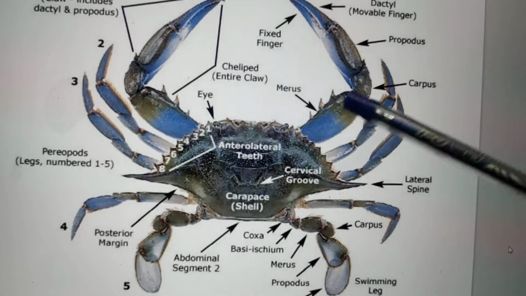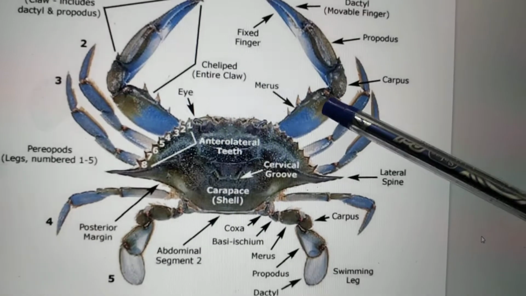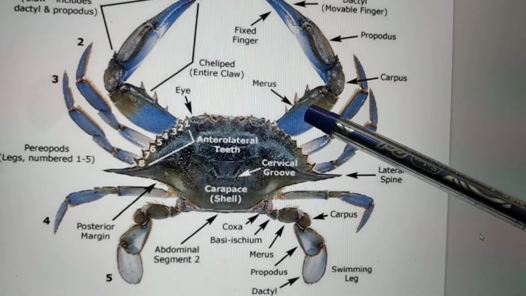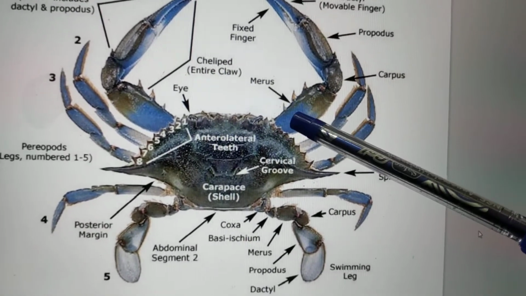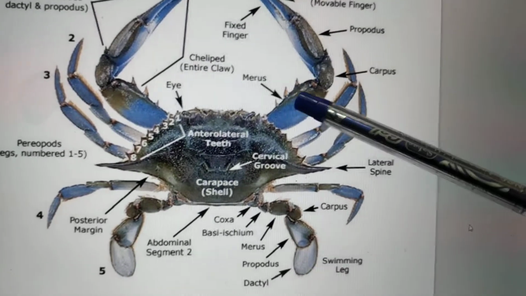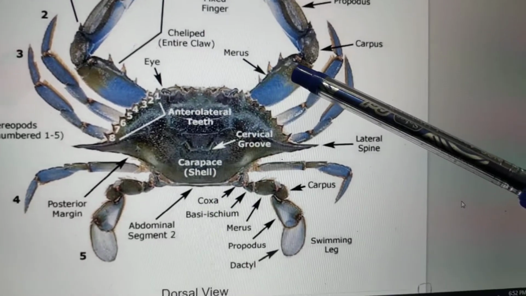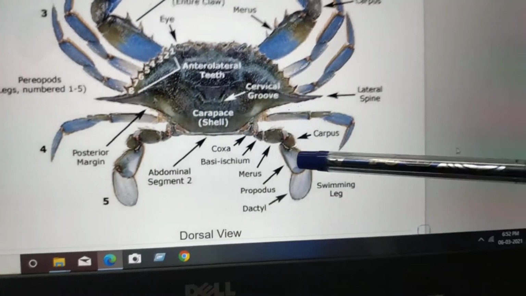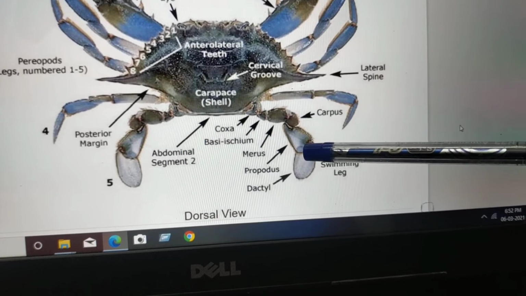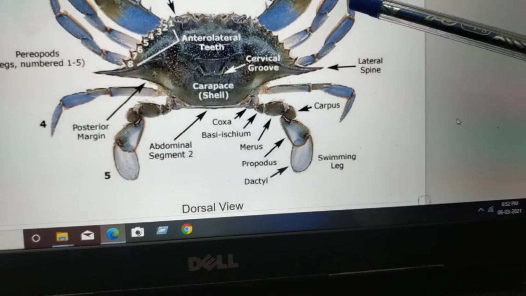So chelipeds are very important for selling. Be careful. That is the reason why mud crabs are tied together in order to avoid the breakage of these chelipeds. Now this leg is modified into swimming leg. By using this, it can swim.